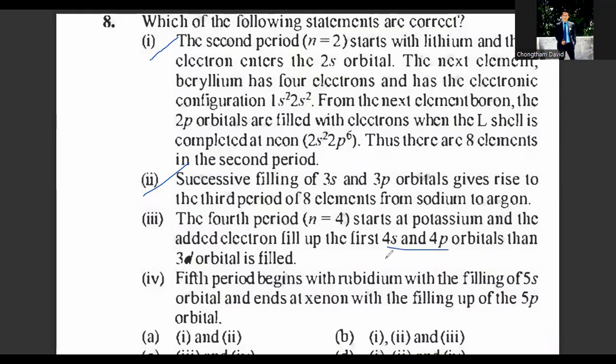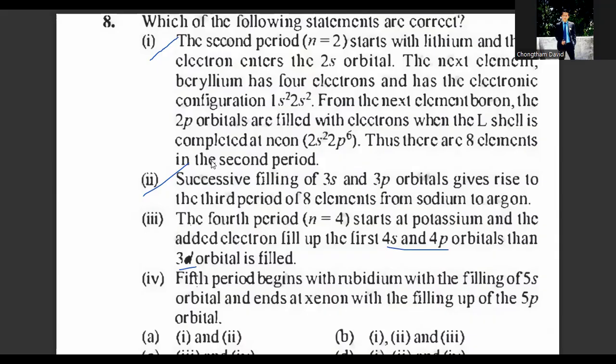No, this is not the correct sequence because it violates the above principle. So 3 would not be the answer. Fifth period begins with rubidium with the filling of 5s orbitals and ends at xenon with the filling up of the 5p. So this would be the correct answer.